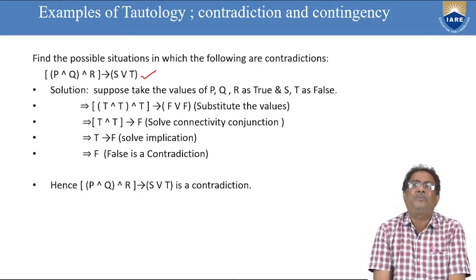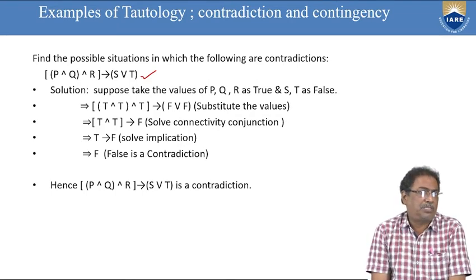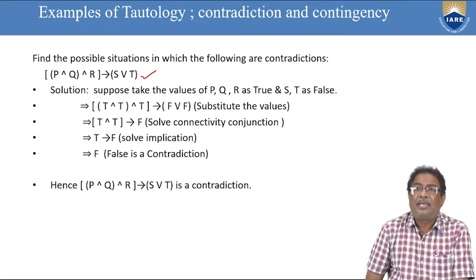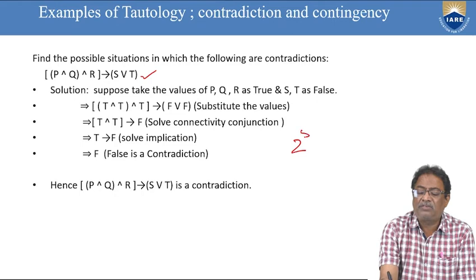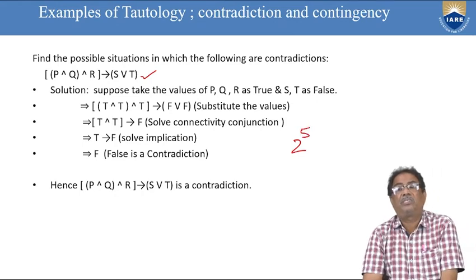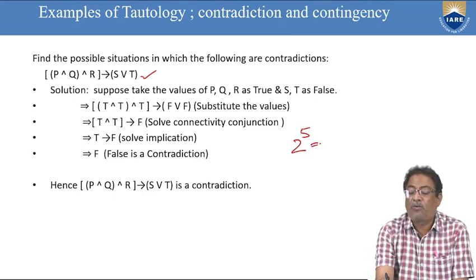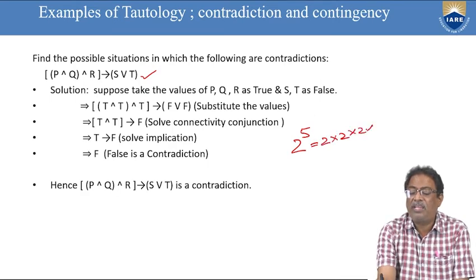Because it has 5 propositions, 5 statements. If I construct a truth table, what will the combinations be? 2 power 5 combinations. It is a very hectic task.